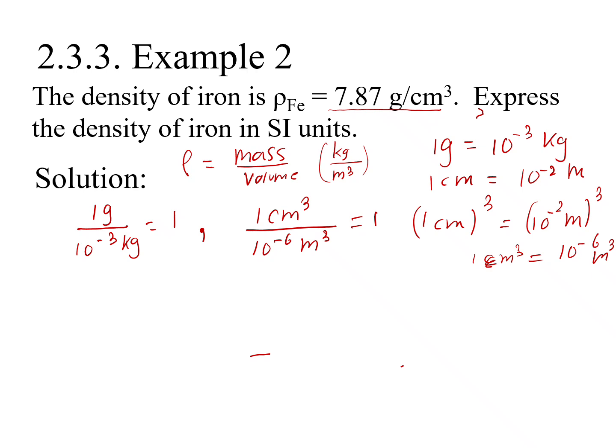And then we can use this in our conversion. So the density of iron can be written as 7.87 grams per cubic centimeter multiplied with 10 to the power minus 3 kilograms divided by 1 gram.